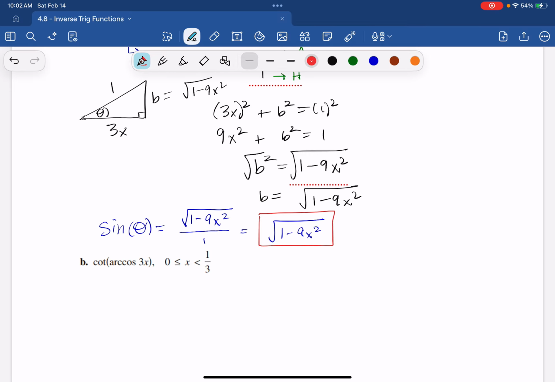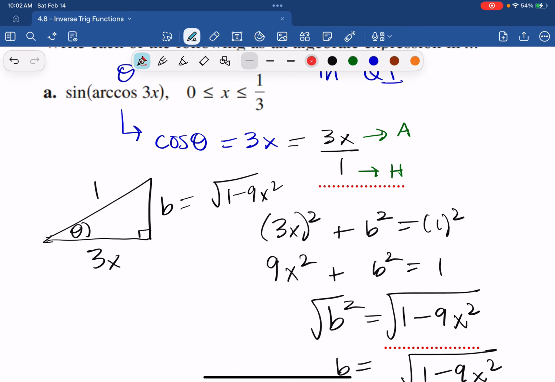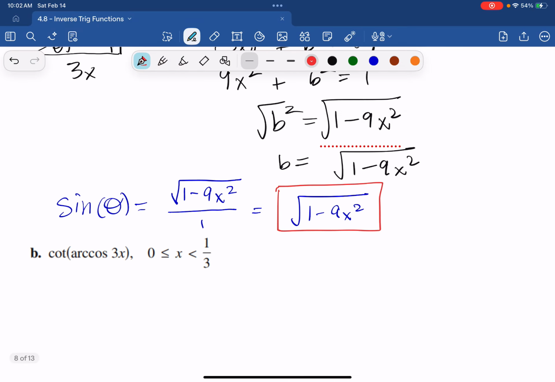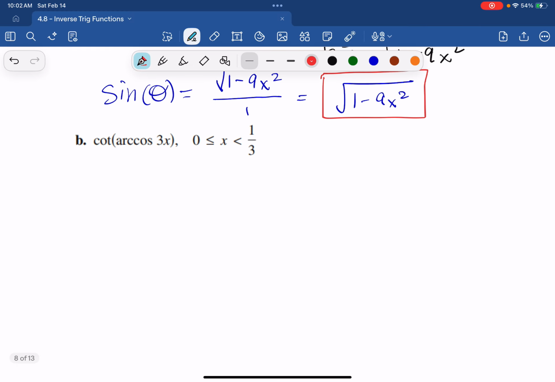All right. So I've taken this expression with trig and inverse trig and converted it to just an algebraic expression in terms of x. All right, last one, we have cotangent of arc cosine of 3x.